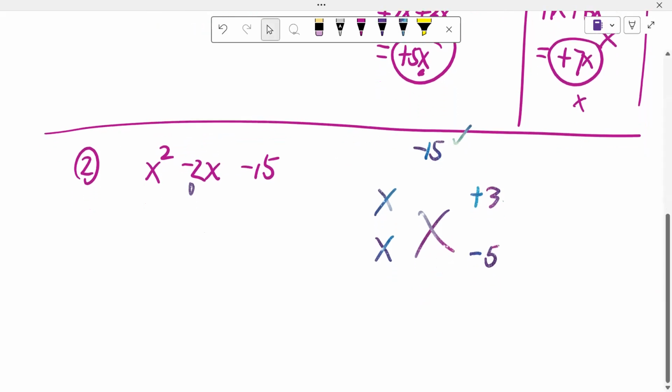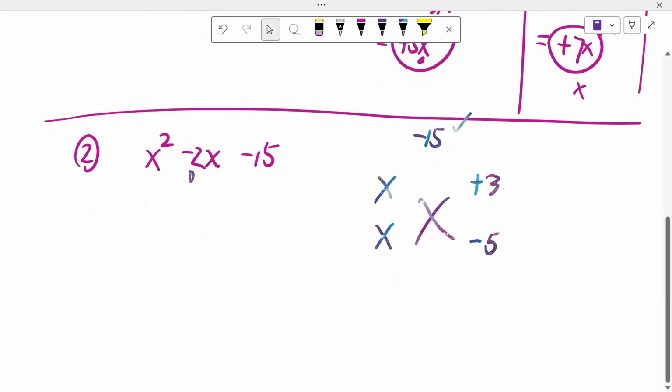Middle coefficient. So now we confirm all three terms. X times x is the first term, 3 times -5 is the last term, and for the middle term, plus 3x, cross multiplying, -5 times x is -5x. If we combine them, 3 minus 5 is -2x.